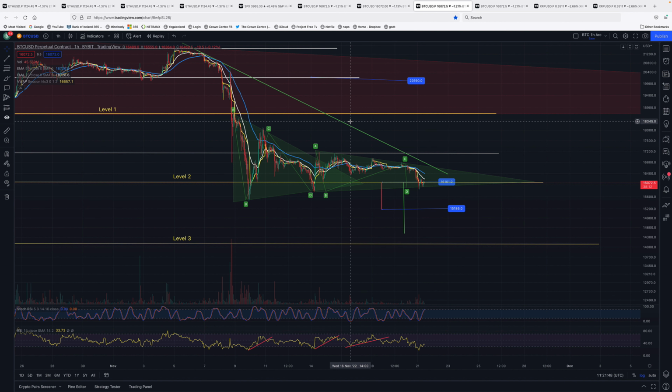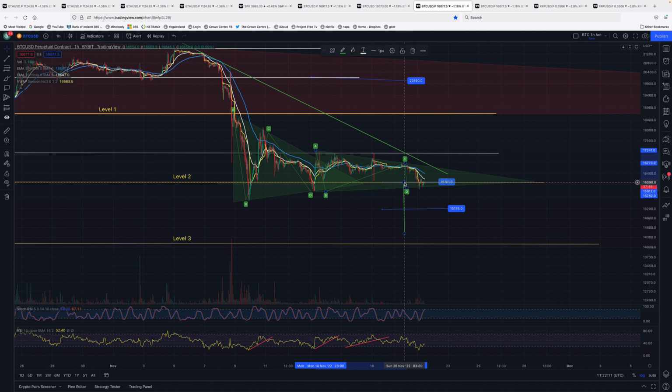Now, what we have here is accumulation between these two lines, between the white line and the yellow line. So this is the range of accumulation. That's what I was telling you.